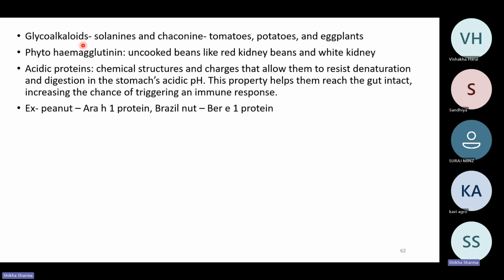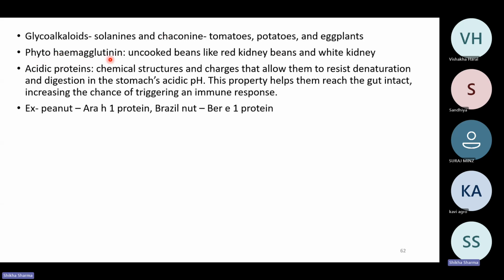Glycoalkaloids are another kind of alkaloid, found in tomato, potato, and eggplants. The main compounds are solanines and chaconines. They will create poisoning and will be found in such products.